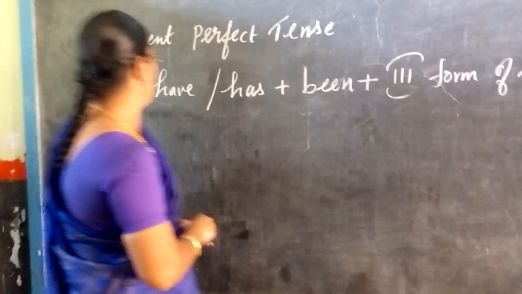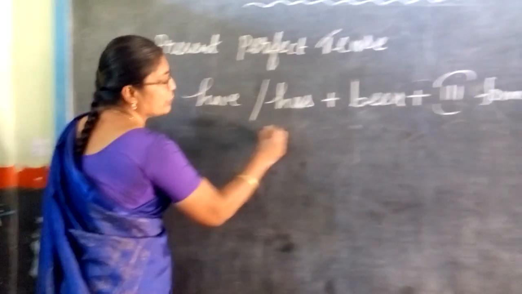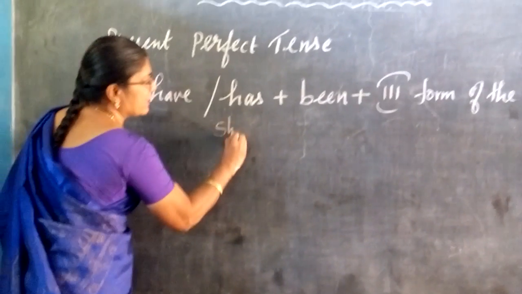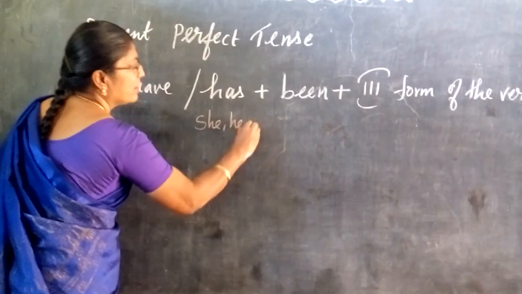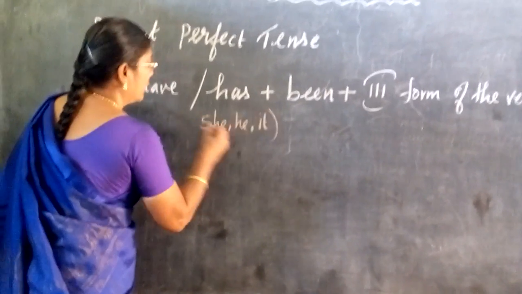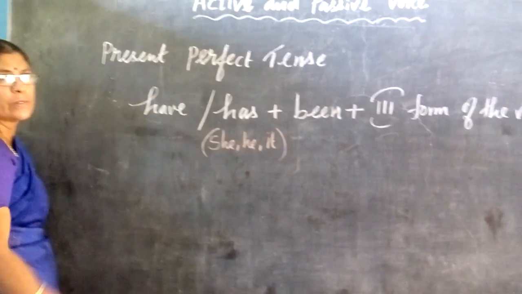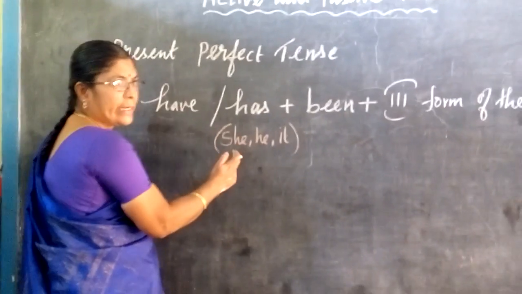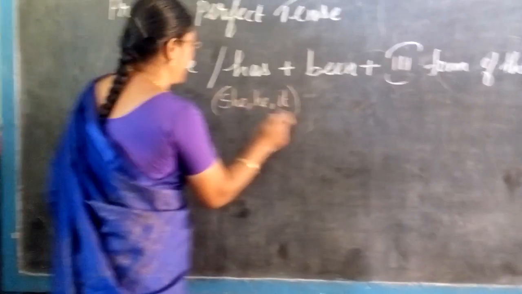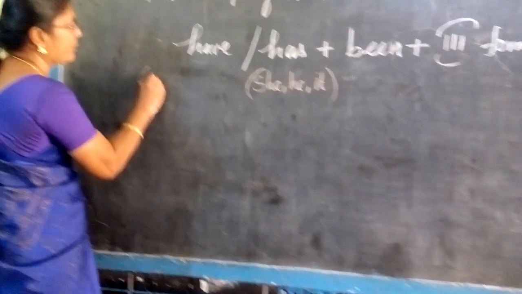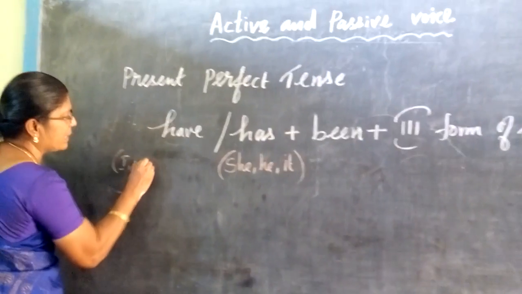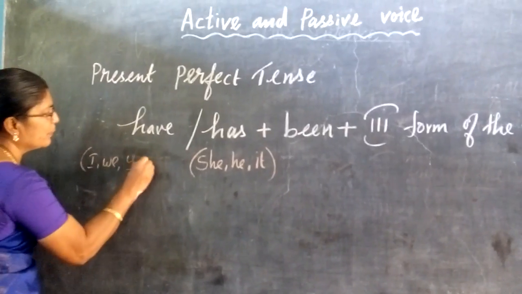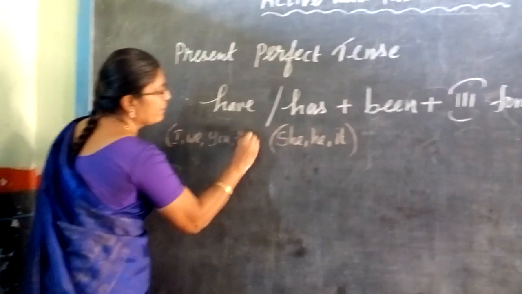This has you are using for he, she, it. The remaining all you can use have. For has you have to use only for he, she, it. Here you can use have for I and we, you, they.